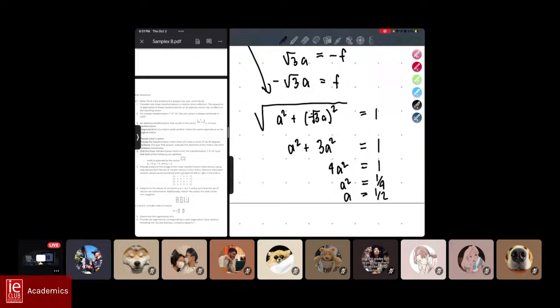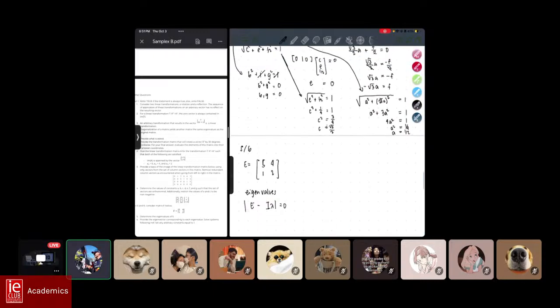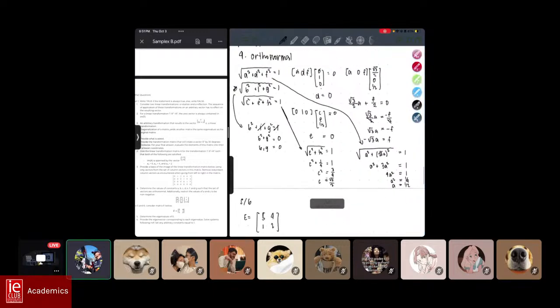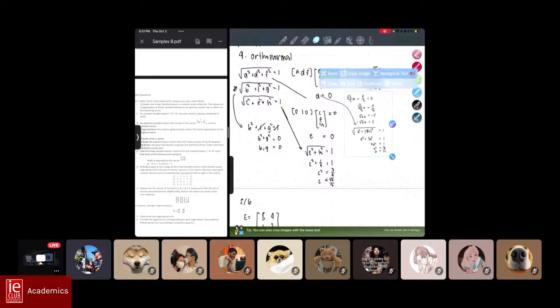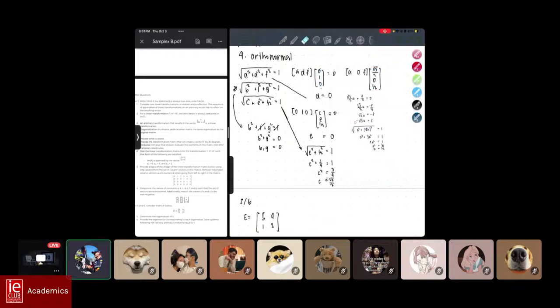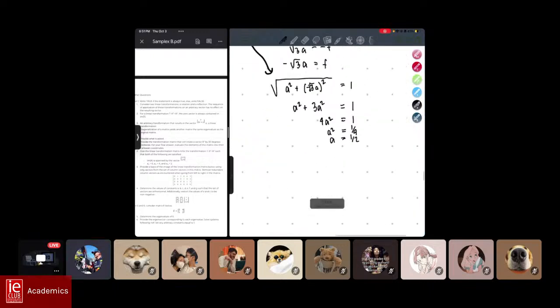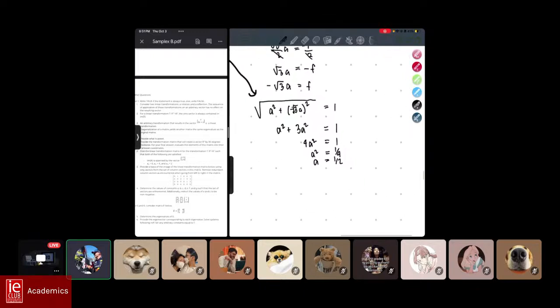Yan. So, we now have a, and more crucially, wait, I'll have to make it smaller again. Sorry. Yeah, okay. So, a is equal to 1/2, and we have a relationship for what f is in terms of a.